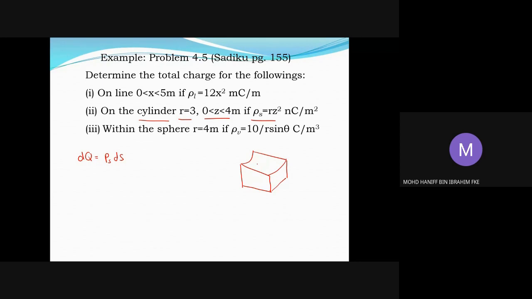We have three different surfaces for ds. Let me label them surface A, surface B, and surface C. This ds might be any one of these.